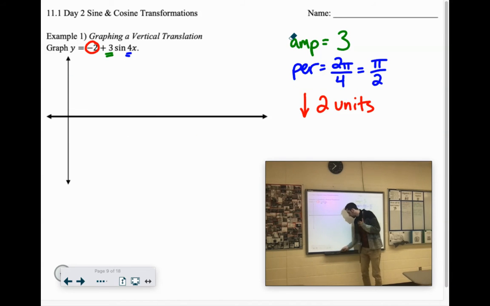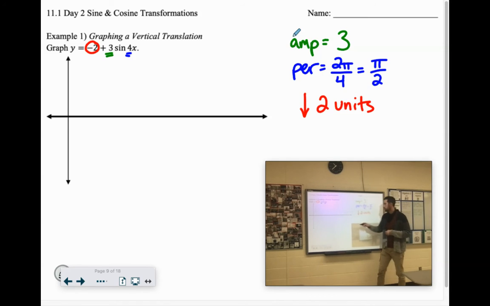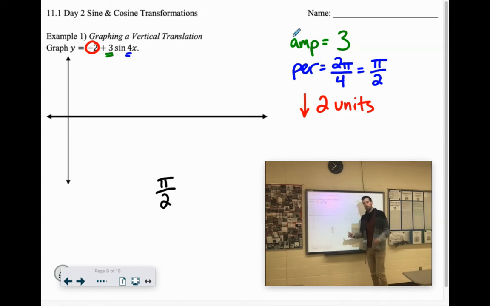What I do is take the period, which in our case is pi over 2, and divide it by 4 for my 4 steps. But if I have a fraction and I'm dividing by 4, instead I multiply by 1 over 4. So this will give me pi over 8 for each step.